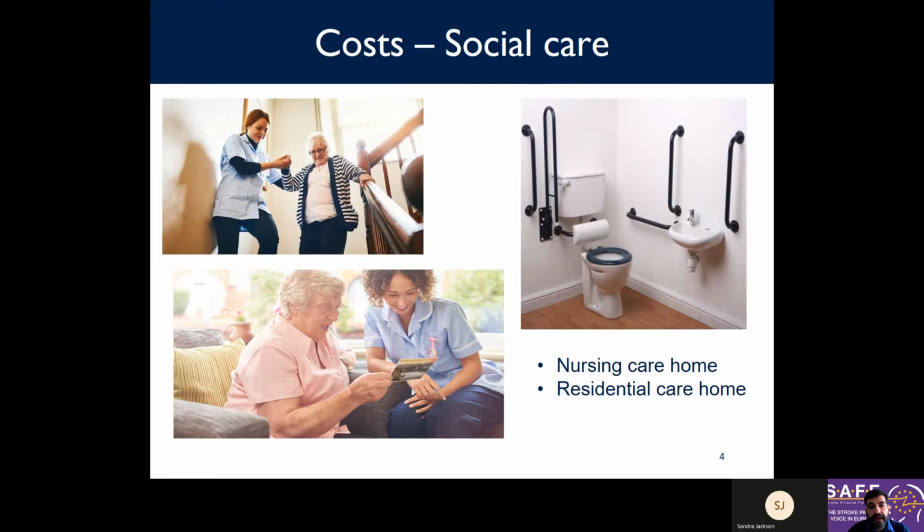The next cost we looked at was the cost of social care. Social care includes a big array of resources, including nursing care homes and residential care homes, where patients are institutionalized so that their needs can be better catered for, or because there's nobody in the community that can care for them adequately.